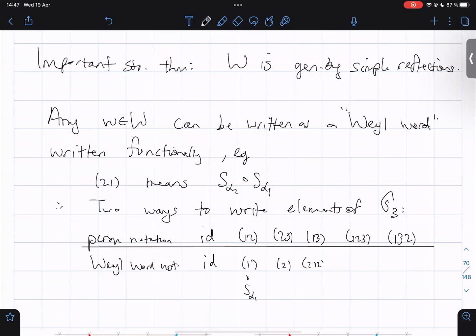This one you could write in two different ways, 2 1 2, which is the same thing as 1 2 1. Then 1 2 and 2 1. There's some checking to do, of course. Does everybody understand what I'm saying about the notation? You're composing very simple reflections.